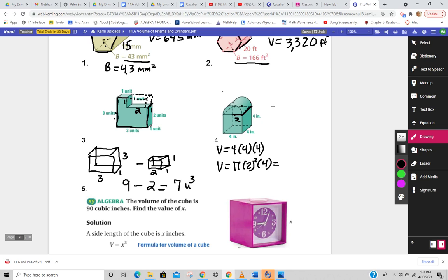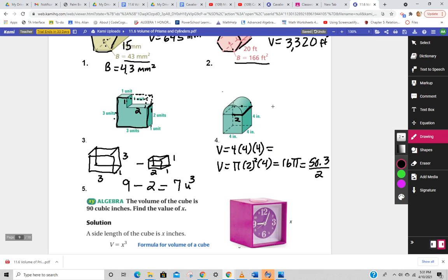So this volume here is 16 pi. Let's see, what is 16 pi? 16 times pi, that's 50.3, but this is a whole cylinder. We need only half of that, so let's divide by 2, because I only have half of a cylinder.